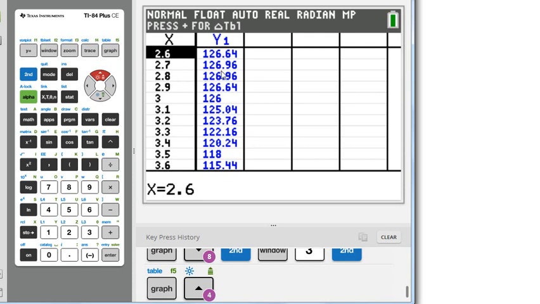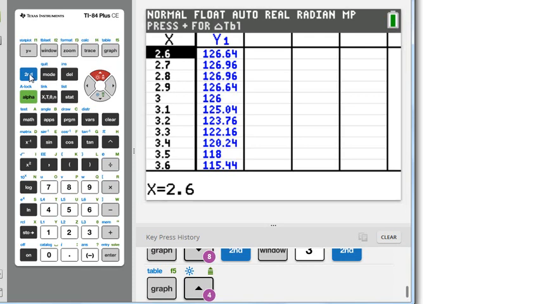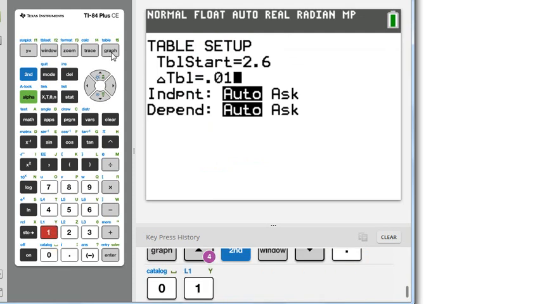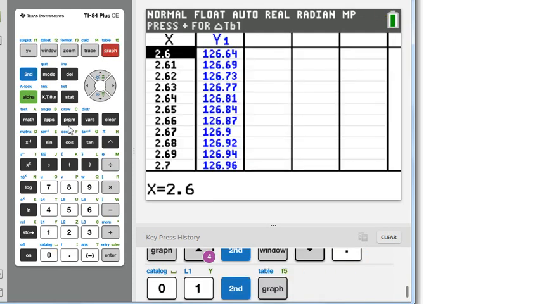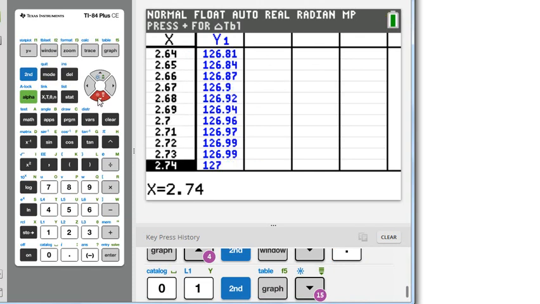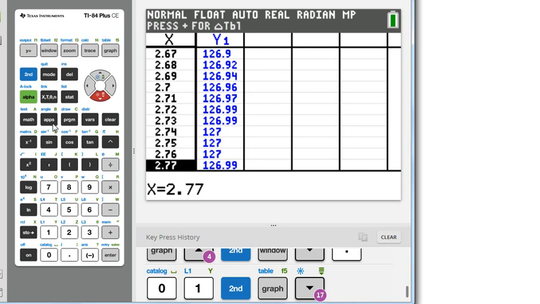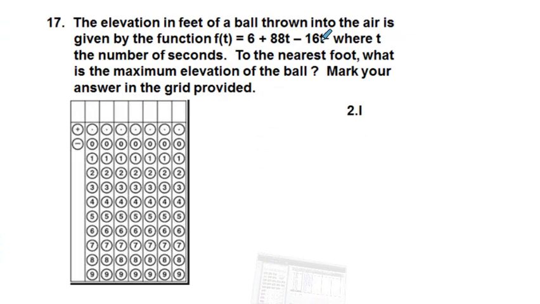And I venture to say that if we go an even tighter view, with delta table at 0.01, we can get an even tighter view of this. Right here, we see 127. That's a lot of table manipulation, but 127 is going to be our answer.